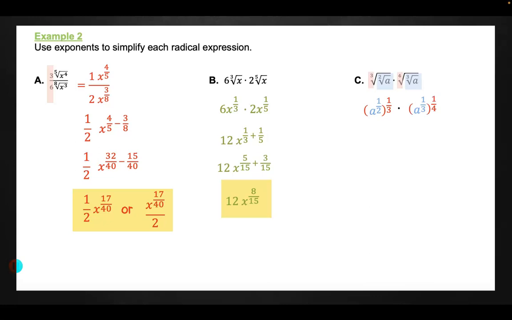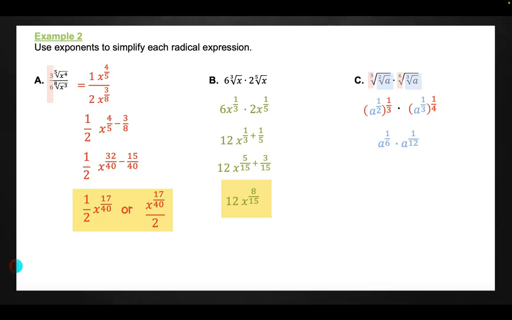Now, why do I convert this into rational exponent form? Now that the bases are the same, I can work with my exponents, manipulate them, and use my properties to simplify. So I get a to the 1/6, multiplying the power to the power, and then a to the 1/12, multiplying my powers together.